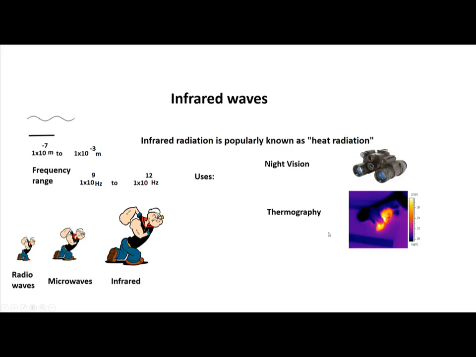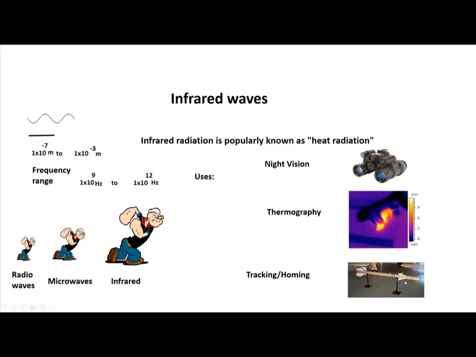Also, infrared is used as a tracking or homing technology. In other words, it's able to track objects. An example in its application, here is a missile, and this is what we call a heat-seeking missile.